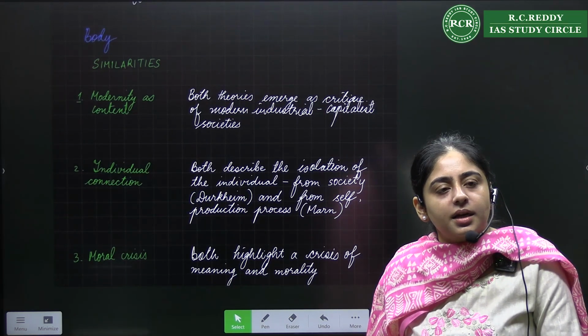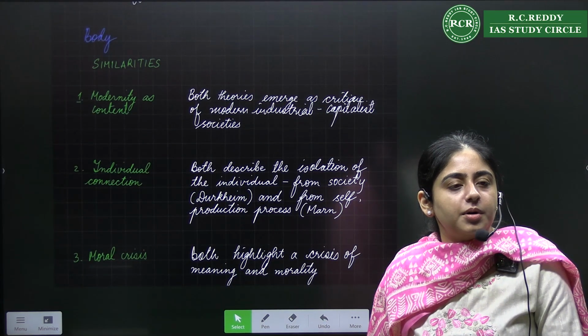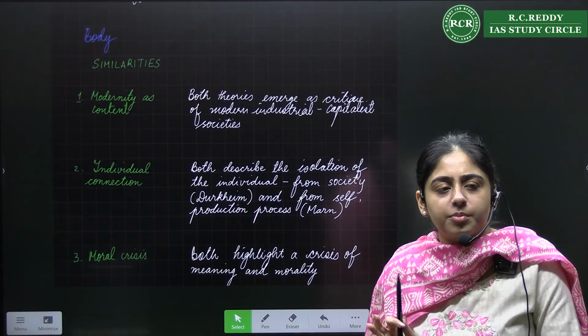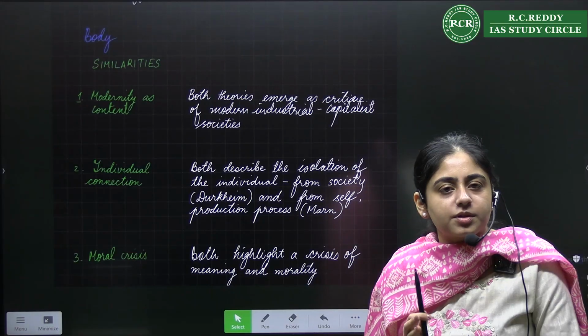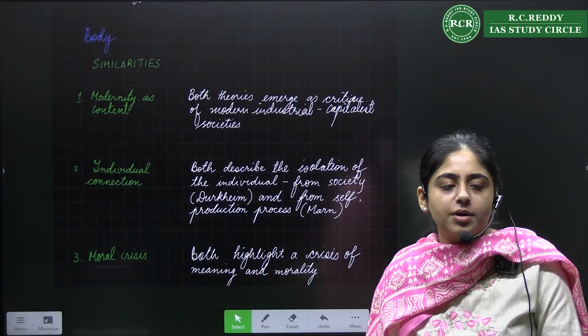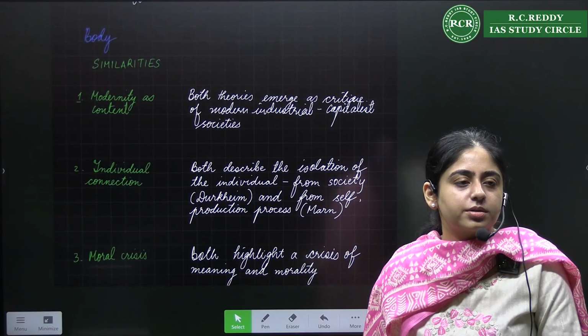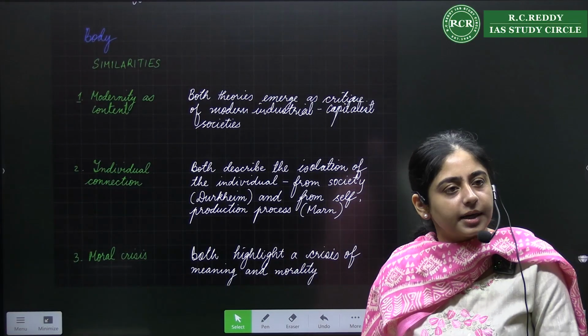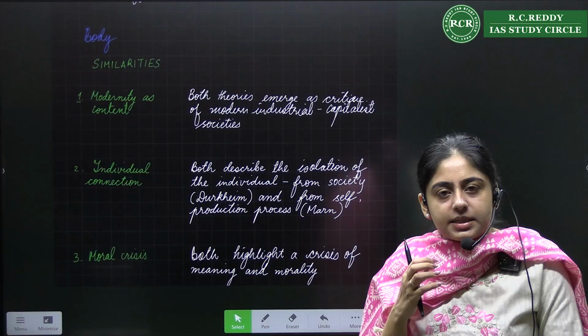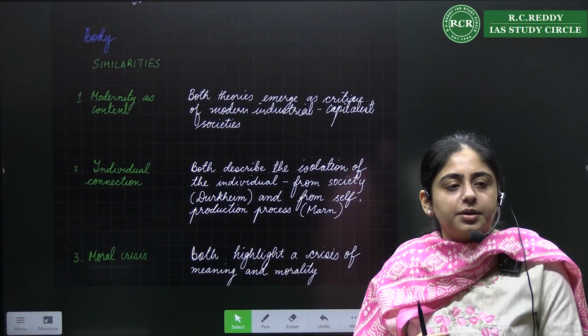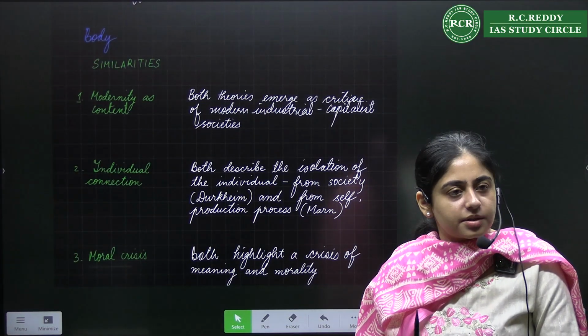It's not that Durkheim is talking about slaves or the Renaissance period or any other previous European history time. He's talking about modern times, and Marx is also discussing the same topic in modern times. So that is one similarity. The timeline in which they are doing their study is overlapping in nature, right?